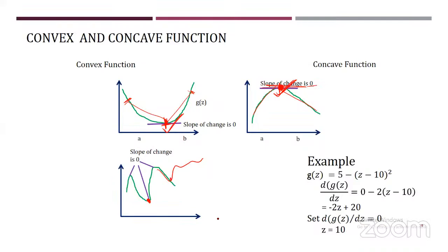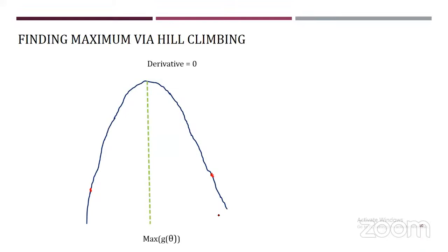Okay, let's relate how we can reach the minimum or maximum position. Suppose I am starting with this particular location. I needed to start somewhere. If I wanted to reach this particular location, I needed to start from some location. So if I'm starting with this location, in order to reach this location, what do I need to do? I need to perform an increment in my theta.